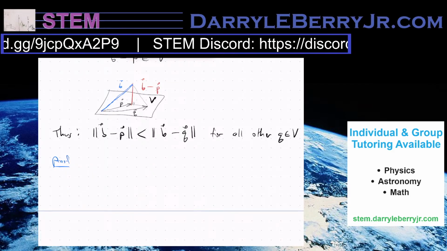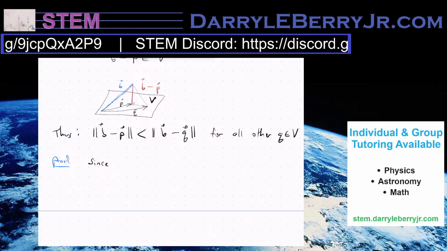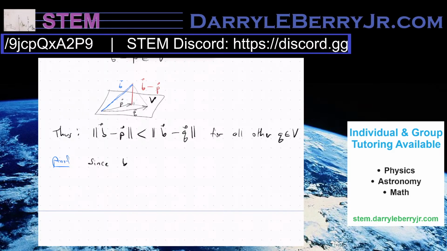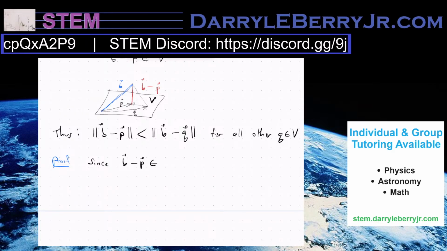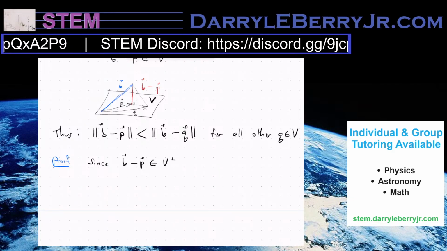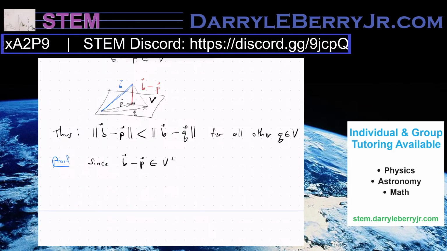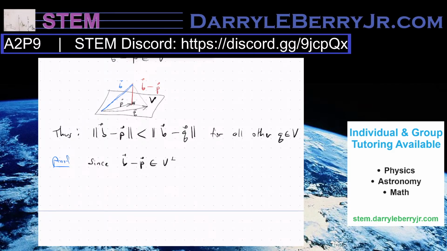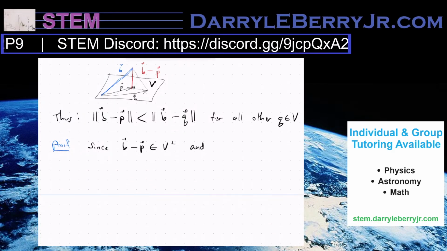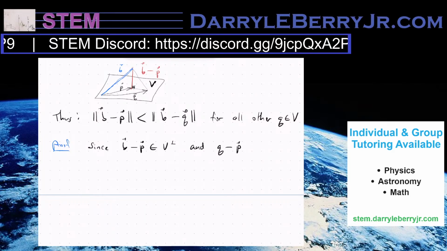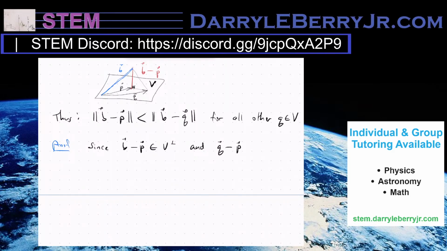So since B minus P is perpendicular to V, evidenced by this perpendicular line here to the red line, B minus P, perpendicular to the plane, and Q minus P is in the space.